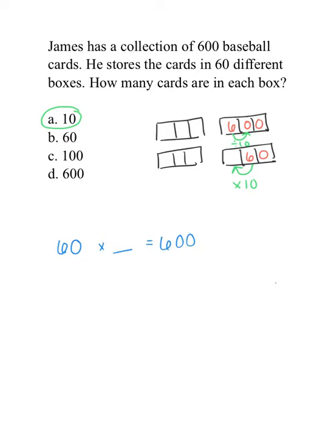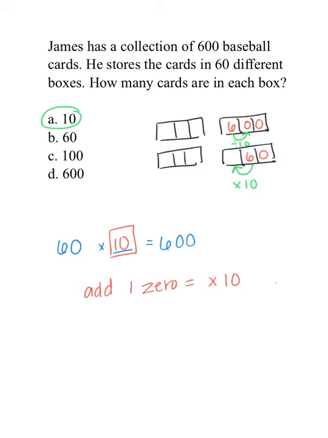I know that 600 has 2 zeros, which is one more zero than 60. So since I would add 1 0 to 60 to get 600, that's the same thing as multiplying by 10. So there would be 10 cards in each box.